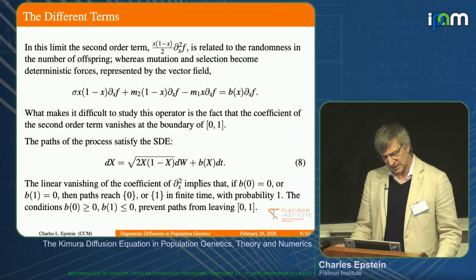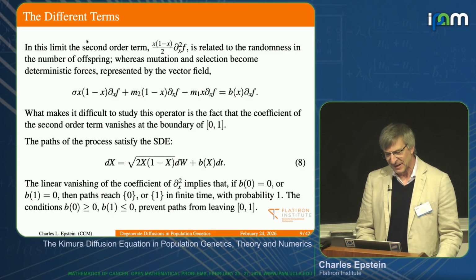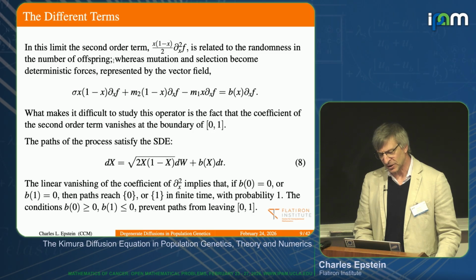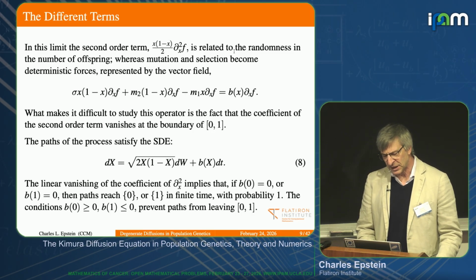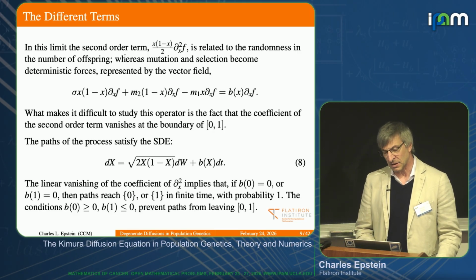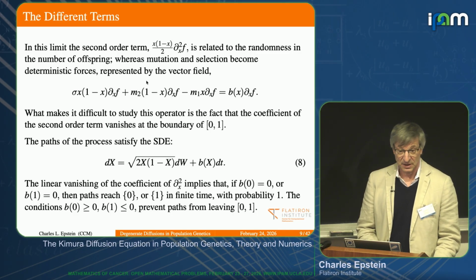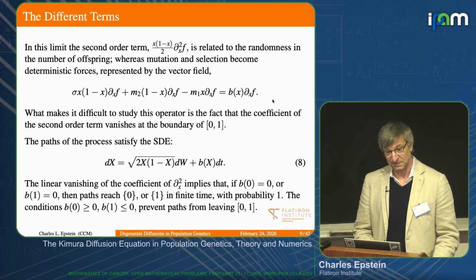Okay, now in the limit, the second order term, x times 1 minus x over 2 d by dx squared, this is related to the randomness in the number of offspring. Now, strangely, and this is a little peculiar, most people think of mutation and selection as being random processes. However, in this model, relatively speaking, mutation and selection become deterministic forces because they're represented by a vector field.